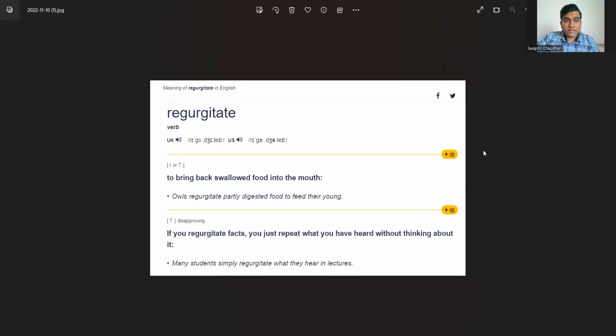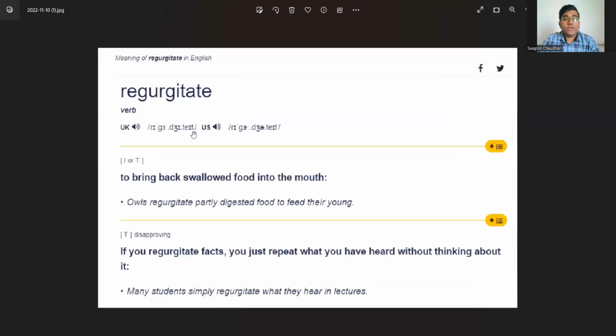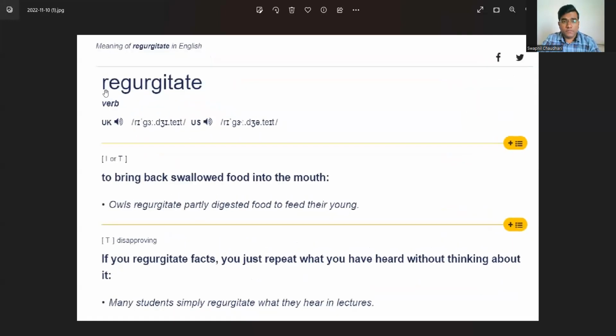Okay, people. So you can see this word on your screen. Okay? So that is the word that I have, and I am not sure how I am supposed to pronounce this word, right? Is it regurgitate?